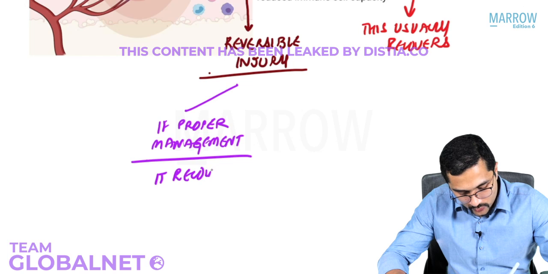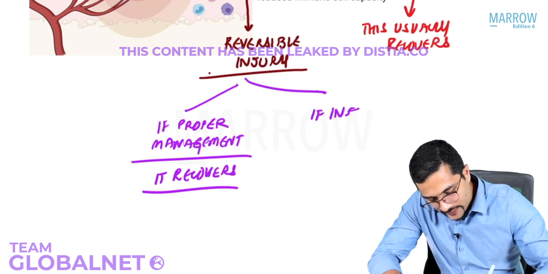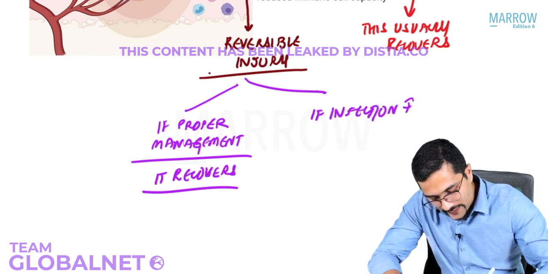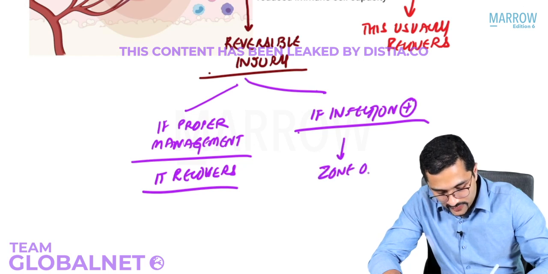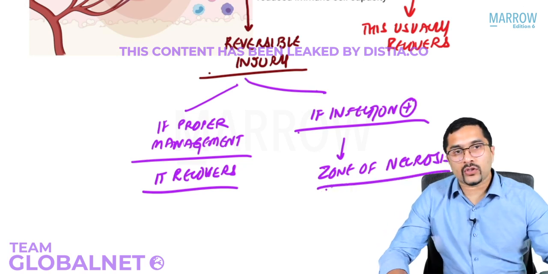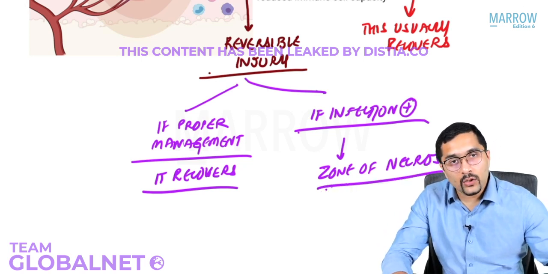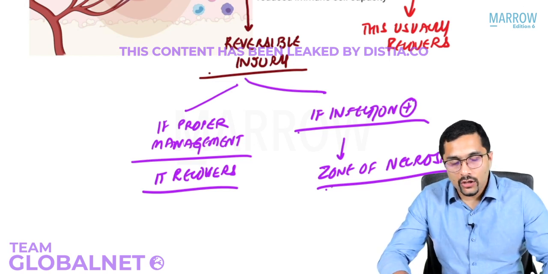It will go into the zone of hyperemia and it will recover. But if infection sets in, then it can land up in the zone of necrosis. Then we can lose this tissue. So these are the three zones in burns which you should know about.